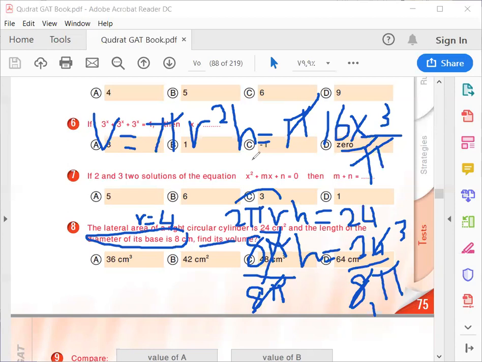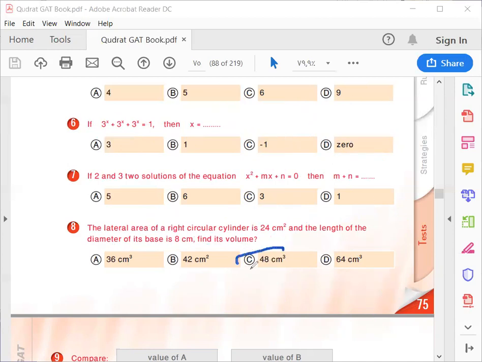So we find in the volume, so 16 times 3, it is 48. So the answer is C, right? So the answer is C.